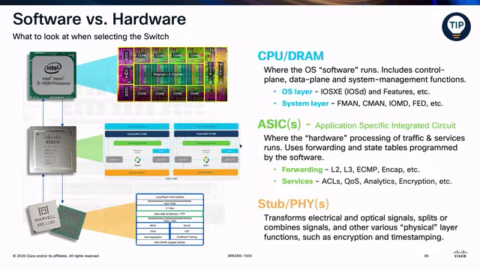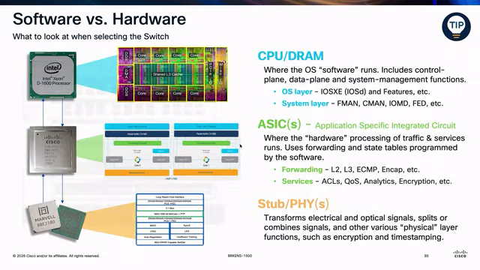So the CPU is responsible for running an operating system, for supporting certain features, while the ASIC, this is the muscle, the heart of a switch, because it's programmed by the software, and it's responsible for layer 2 and layer 3 scale. PHYs are transforming the electrical and optical signals on top of that.